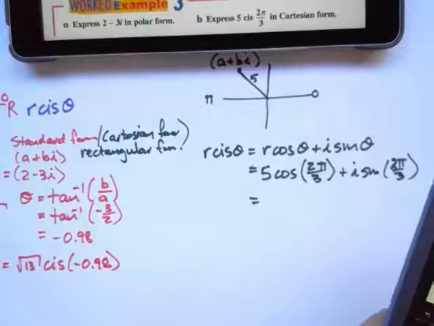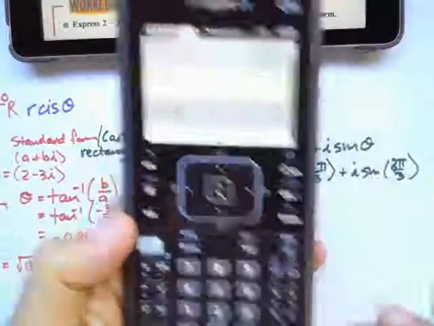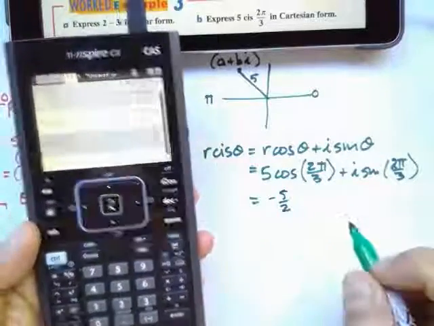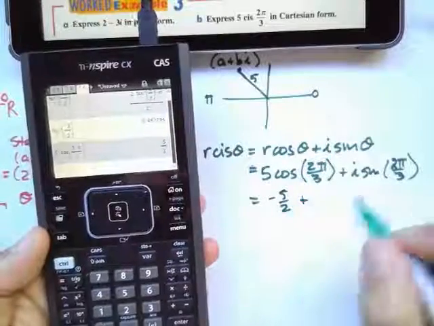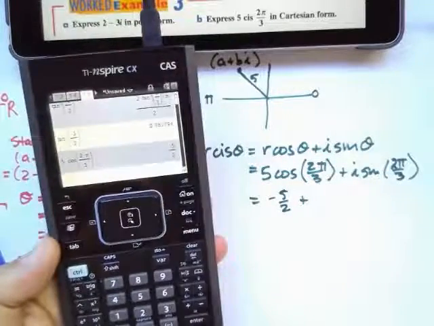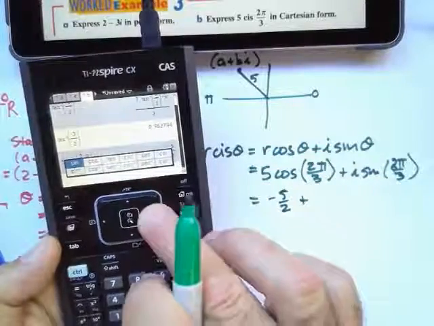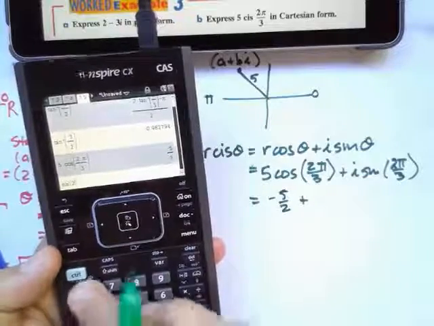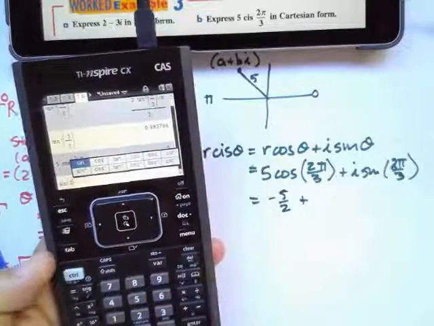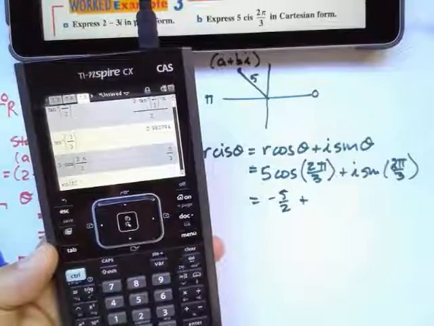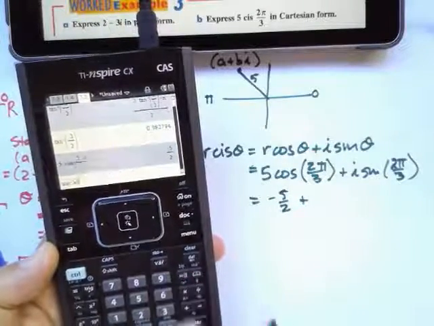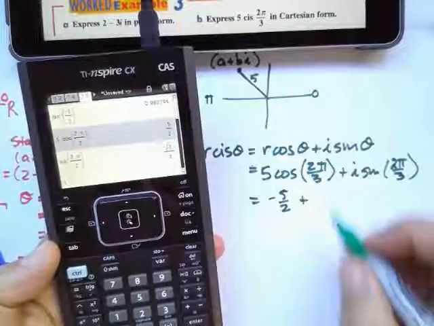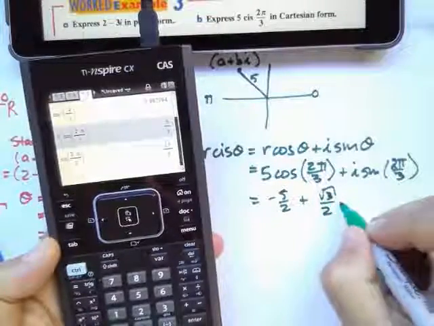That is negative 5 over 2, plus sine of 2 pi divided by 3. Enter. Answer square root 3, so it's plus 5 square root 3 over 2.